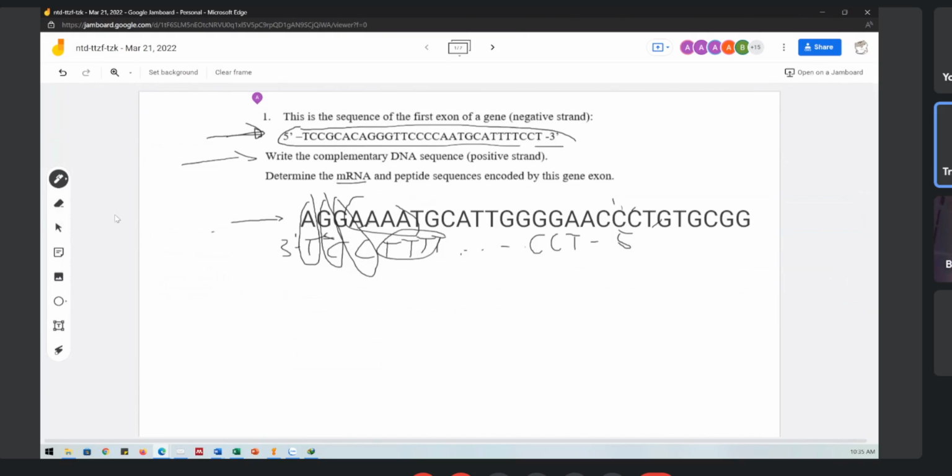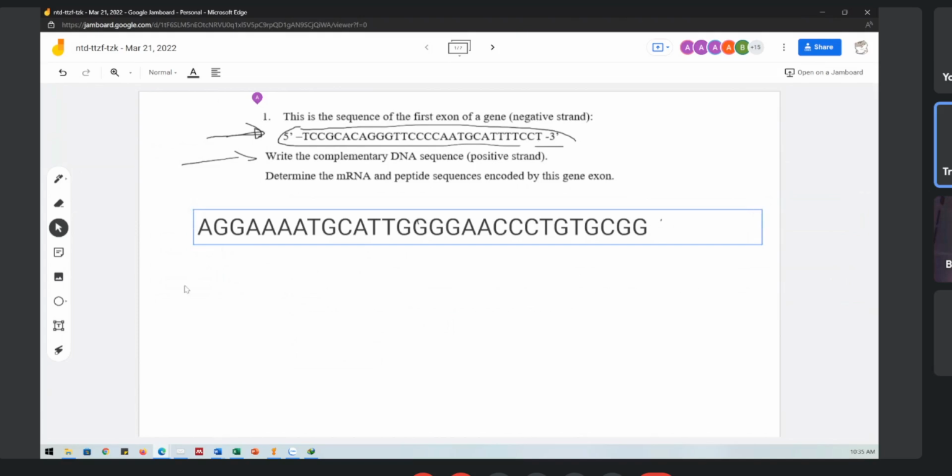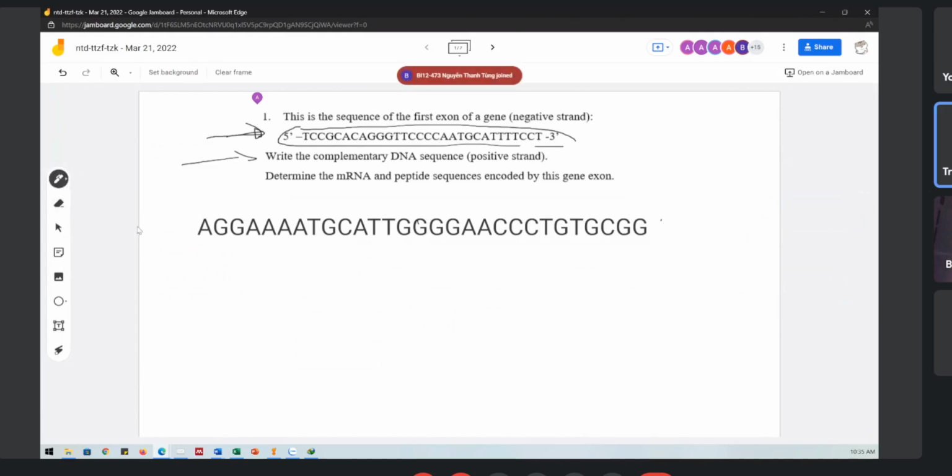So for the mRNA, okay, the sequence I think would be the same as the positive strand, but replace T with U, because the mRNA also is complementary to the negative strand, but it has U instead of T. Okay.